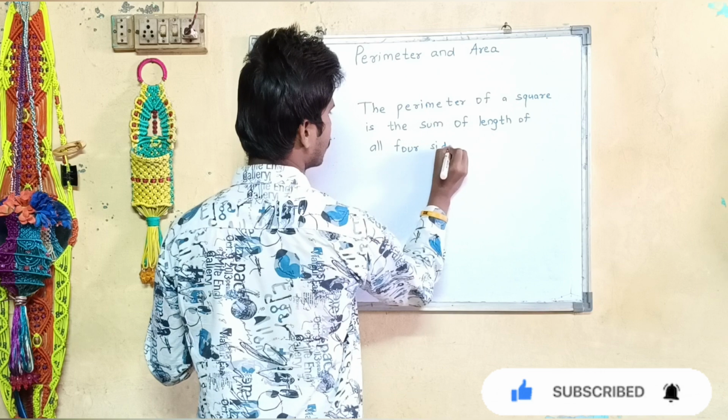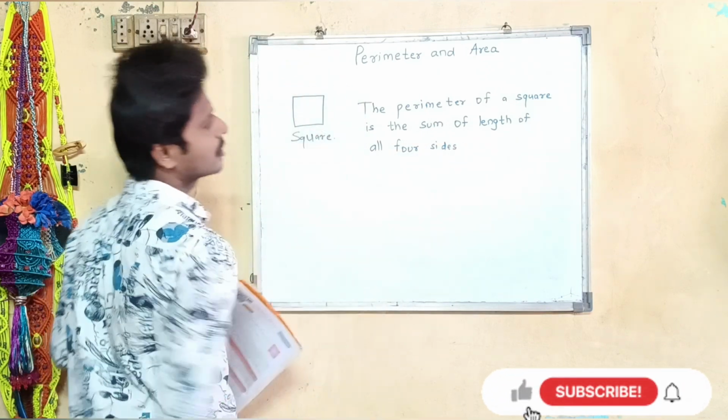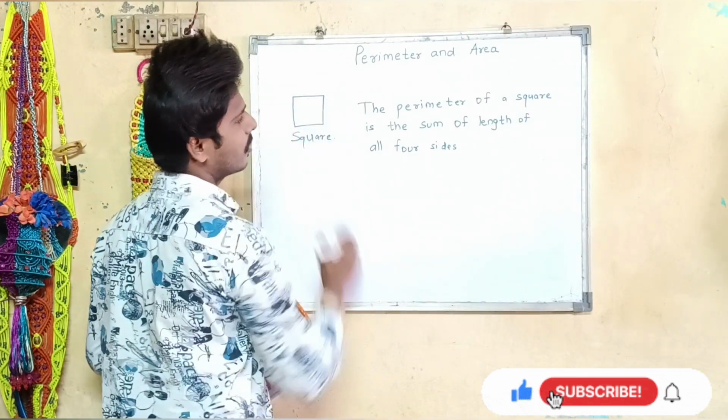Okay, why four sides? Because the square is having four sides. You can see 1, 2, 3 and 4. So you just have to add all the given sides.